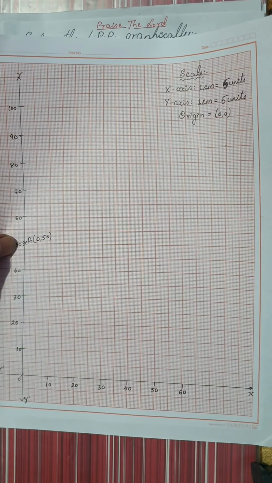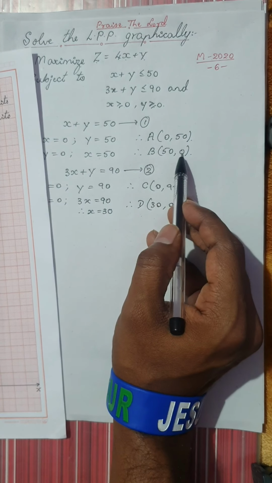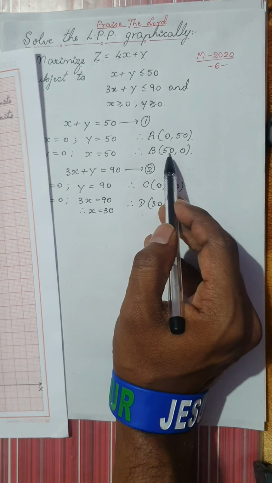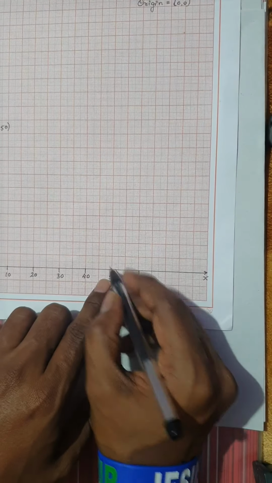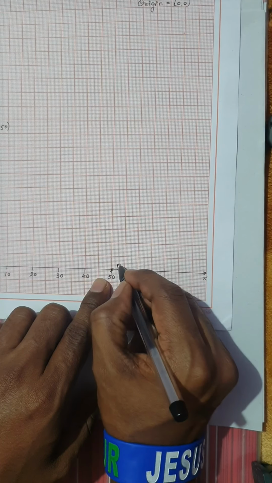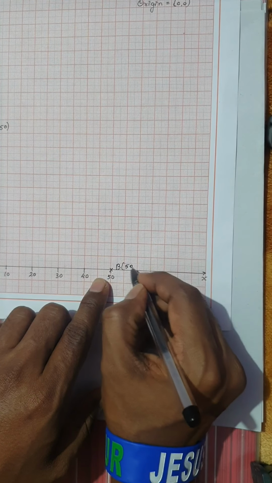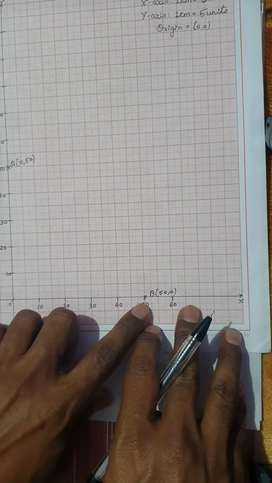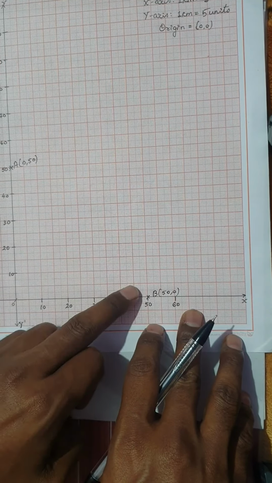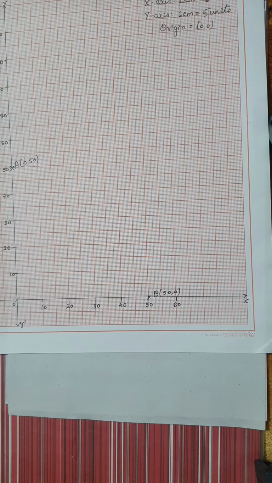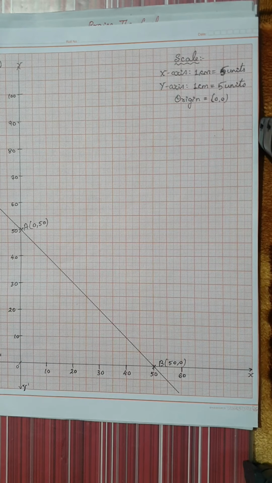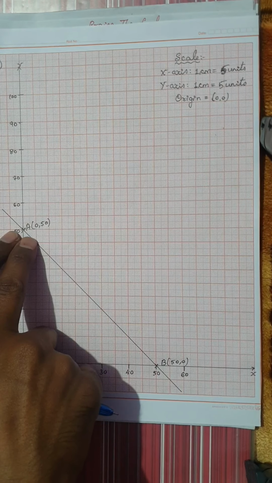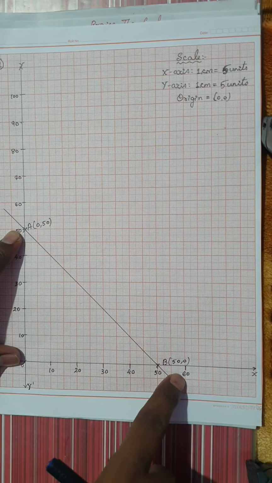Now similarly for B, y is 0 and x is 50, that is 50 comma 0, this is the point, kindly name it B. Once you plot these 2 points, kindly join the points by a straight line. So you can see here I've joined the point A and point B and drawn a line there.